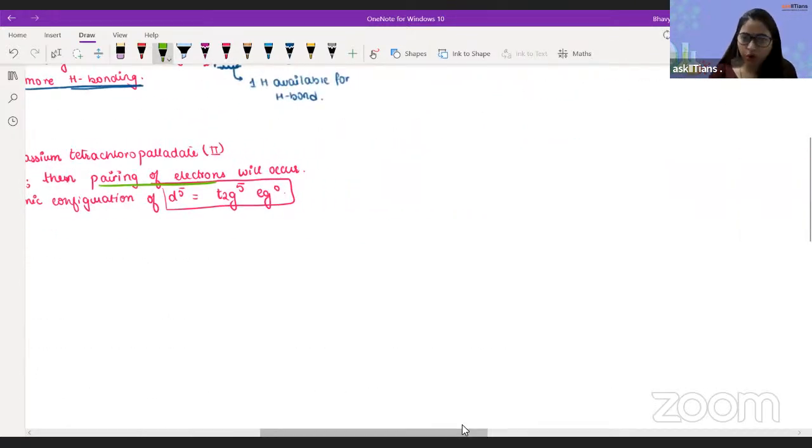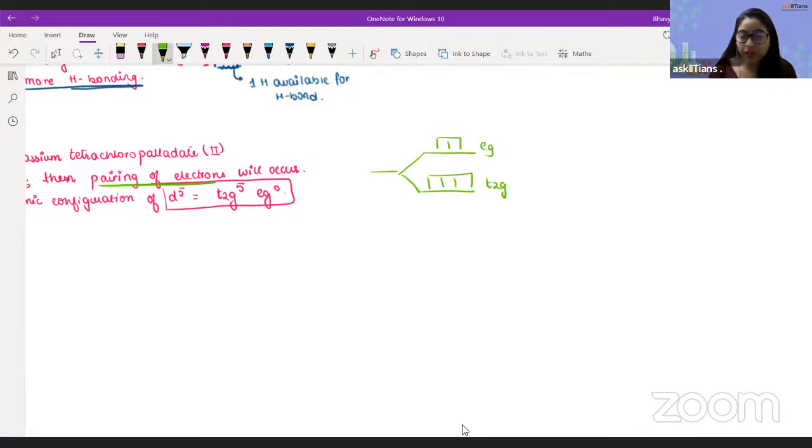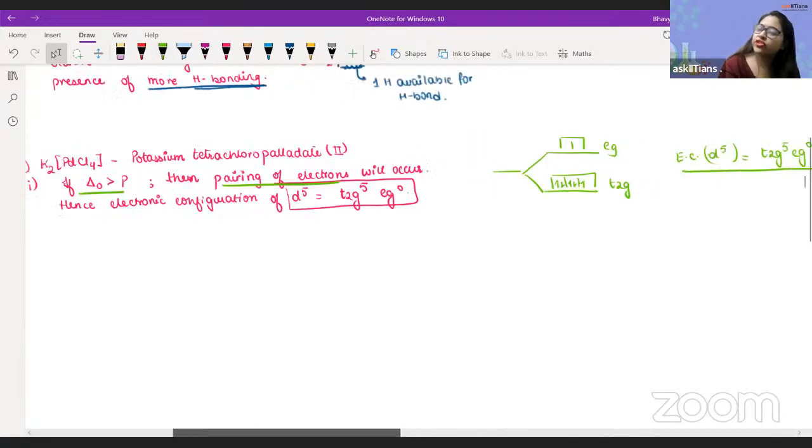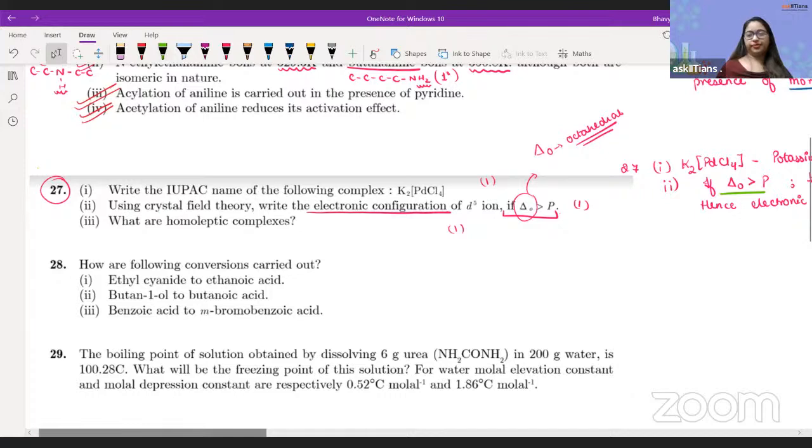If someone is drawing the diagram, but you mention everything, t2g, eg, 5 electrons, and then write the electronic configuration for d5 is t2g5, eg0. Still you make sure that this has to be written, even if you're drawing the diagram. Right? So whichever way you want to do, that is all right.